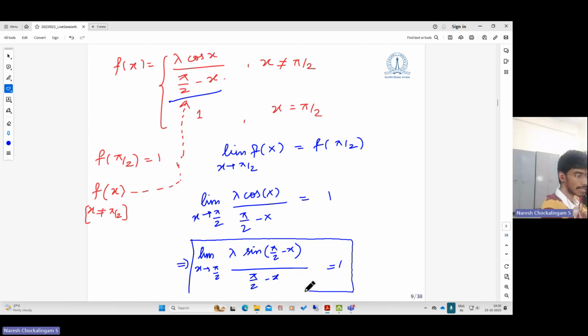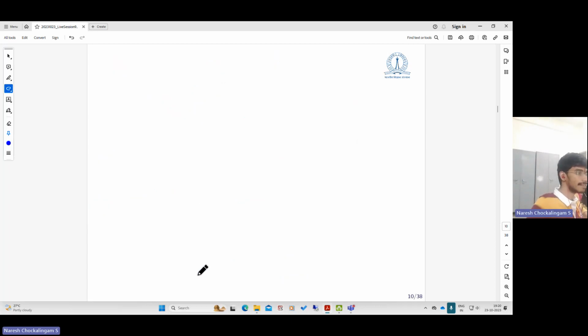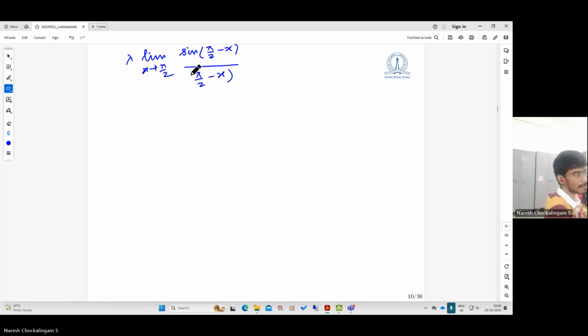Lambda is independent of x, so that can be taken out of the limit. So you can write this as lambda times limit x tending to pi by 2 sine of pi by 2 minus x divided by pi by 2 minus x is equal to 1.